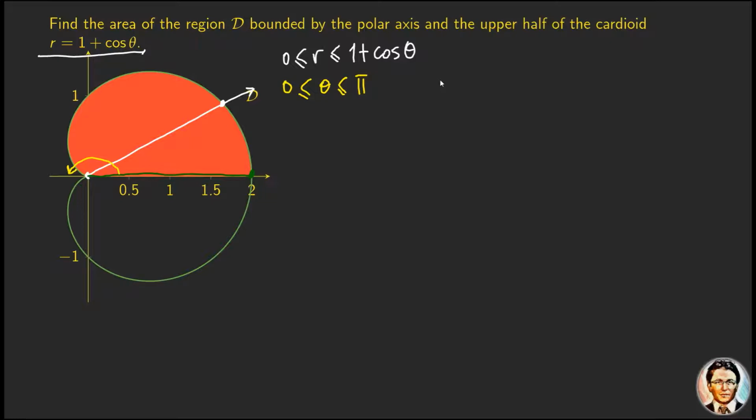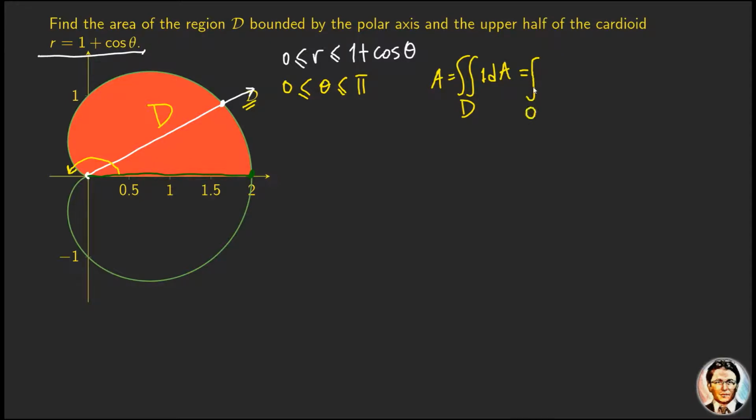So the area of this region will be the integral of 1 dA over the region D, where D is the half cardioid. Remember, if you use polar coordinates, you replace dA with r dr d theta.